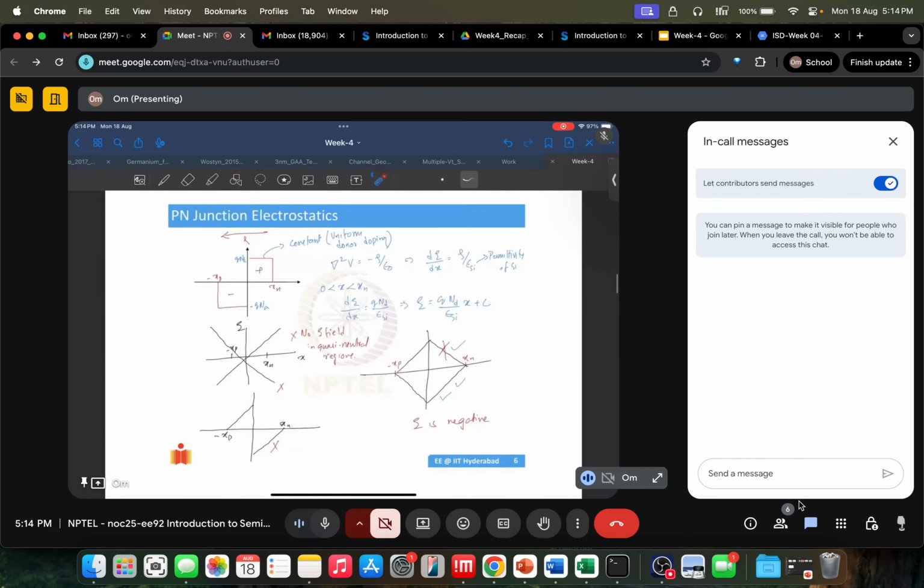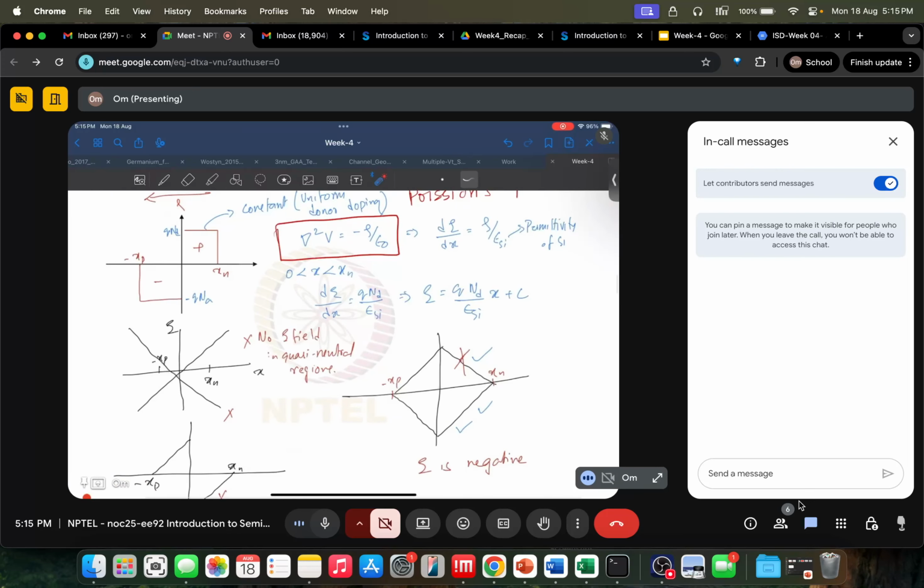And to find the electrostatics, we start with Poisson's equation. This comes from Gauss's law. Poisson's equation is del squared V equals minus rho by epsilon, or we can write it as dE by dx equals rho by epsilon. And we replace rho.